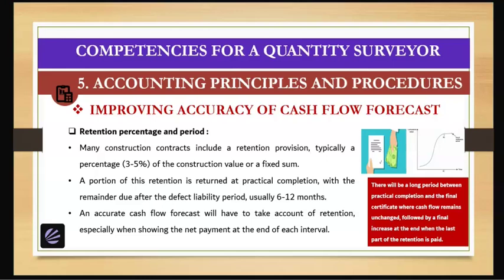An accurate cash flow forecast will have to take account of retention, especially when showing the net payment at the end of each interval. So, there will be a long period between practical completion and the final certificate where cash flow remains unchanged, followed by a final increase at the end when the last part of the retention is paid.